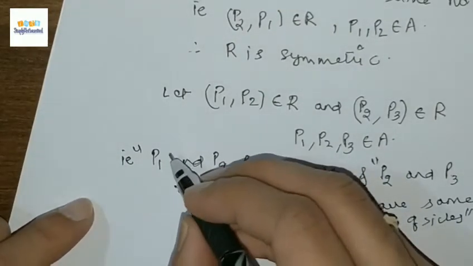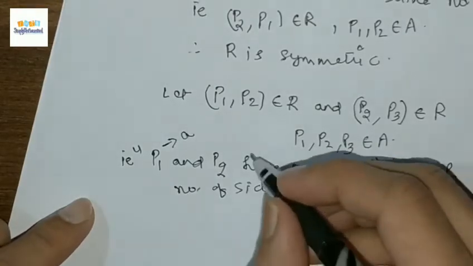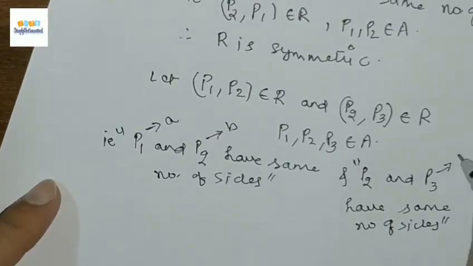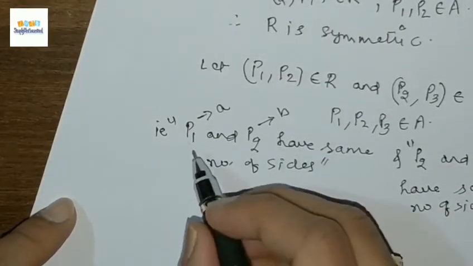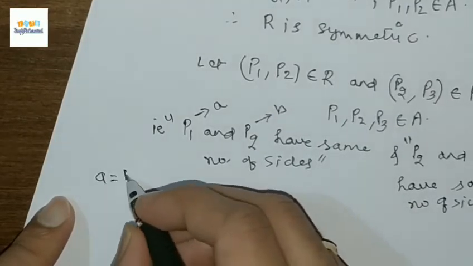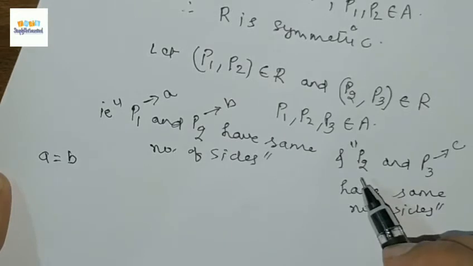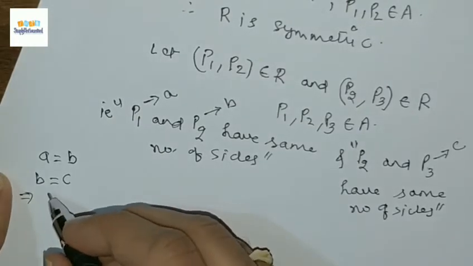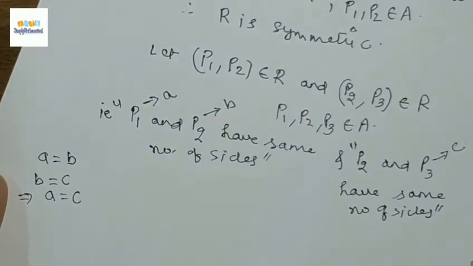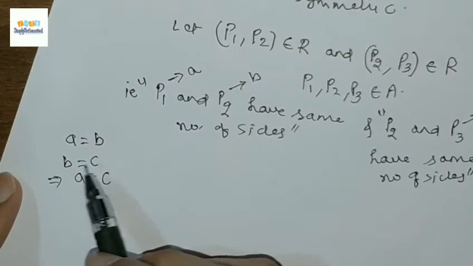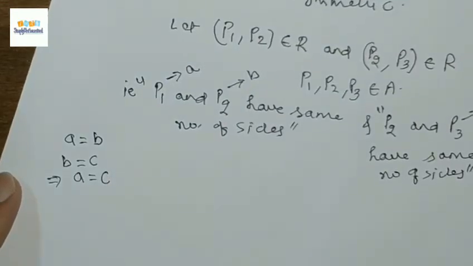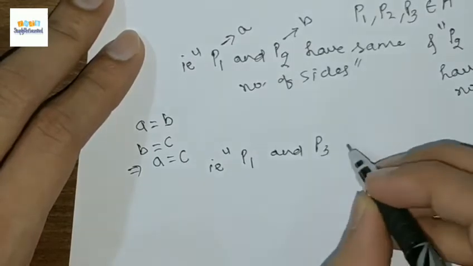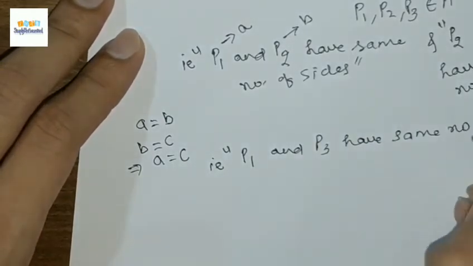Now if we take the number of sides in P1 as A, number of sides in P2 as B, and number of sides in P3 as C, then since P1 and P2 have same number of sides, you will get A equal to B, and again since P2 and P3 have same number of sides, you will get B equal to C. So this will imply that A is equal to C. That is, P1 and P3 have same number of sides.